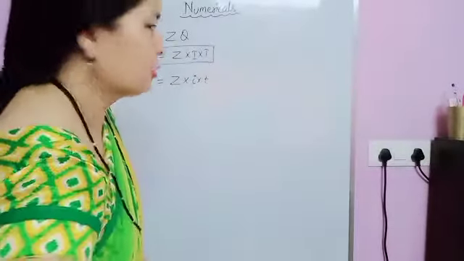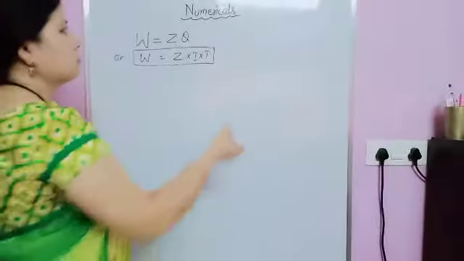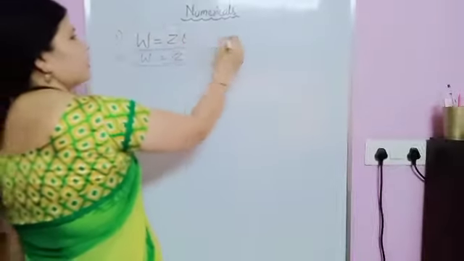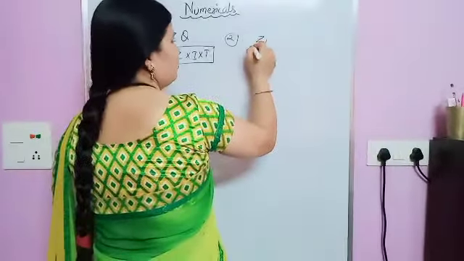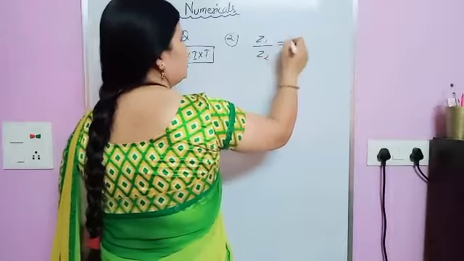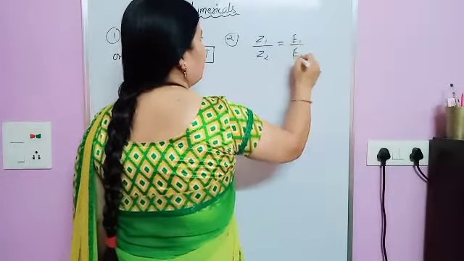Now just see, if you remember, Z is electrochemical equivalent. This one is your first law. And the second law: Z1 upon Z2 is equal to E1 upon E2.